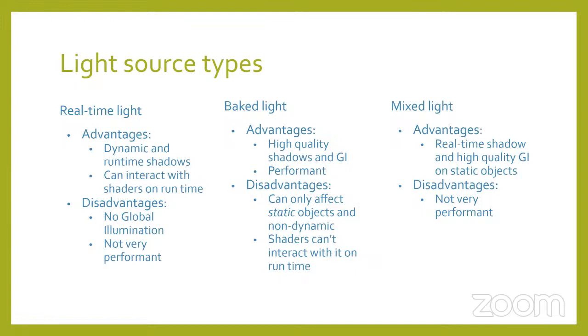So once you bake the light in the scene, that light is not going to exist during the runtime anymore. Instead, each object will have a light map that is applied to show that this part of the object is lit up because there is a baked light here.